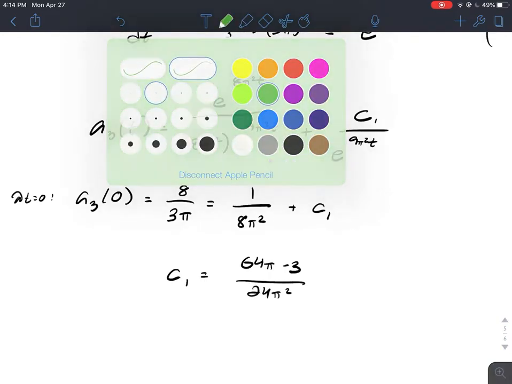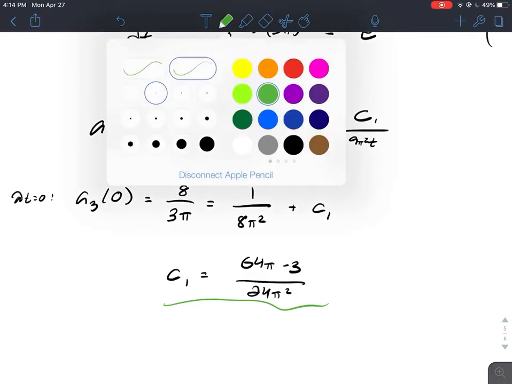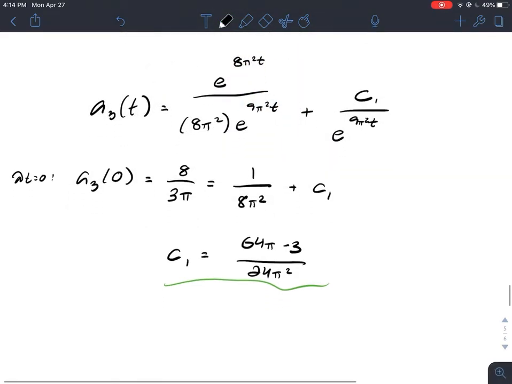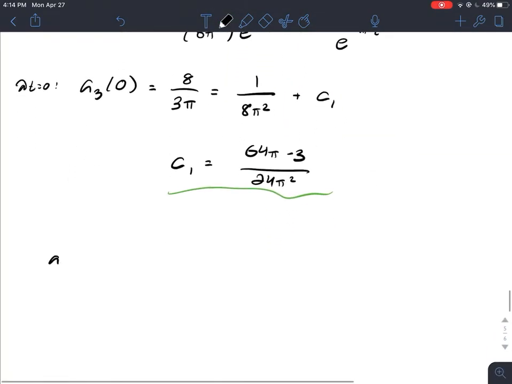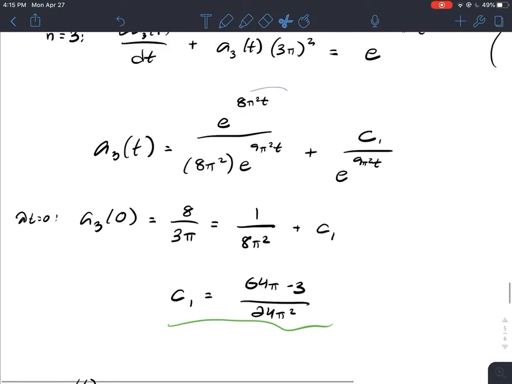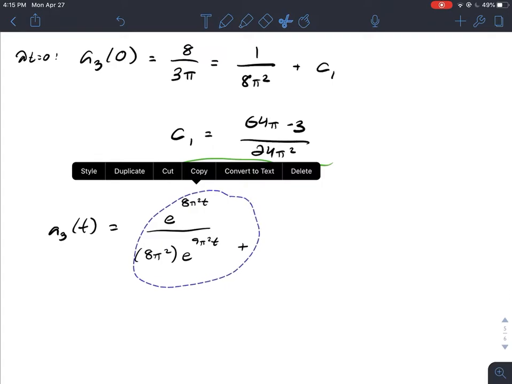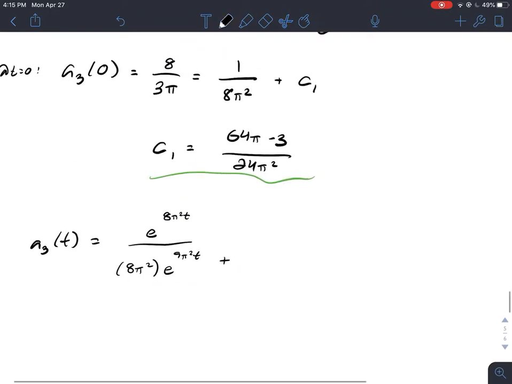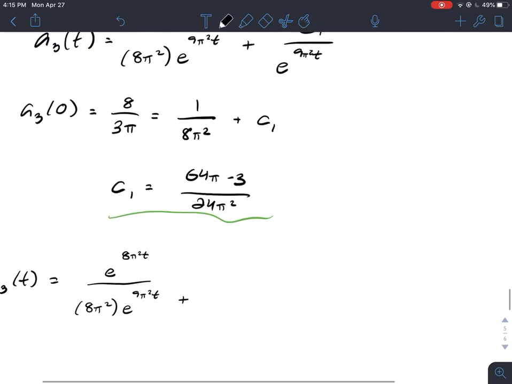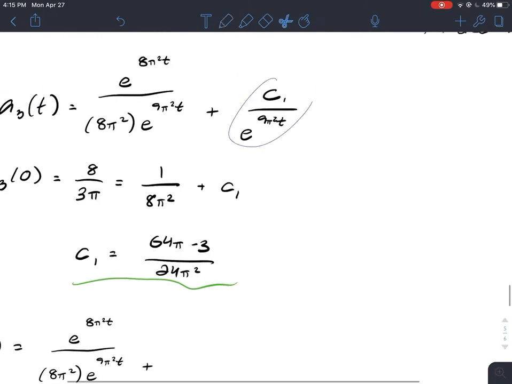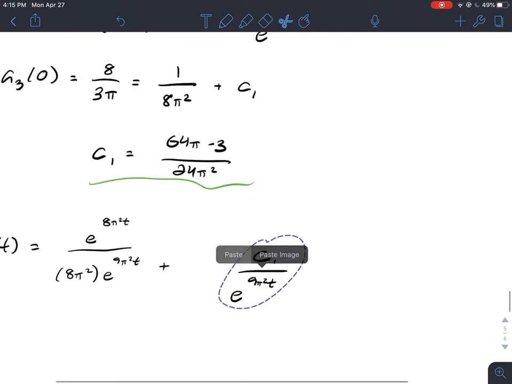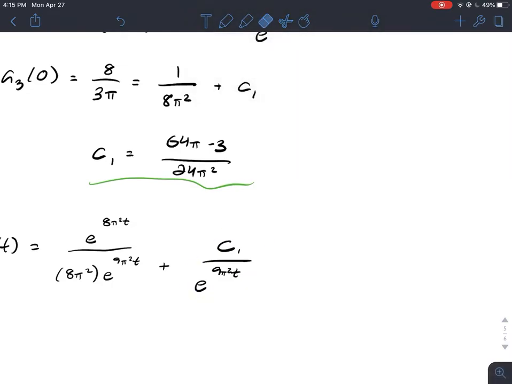This is just algebra. So then at the end of all this, a sub 3 of t is equal to this term plus the C1 term, where C1 is equal to the thing we just solved.